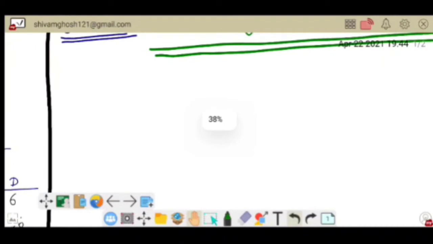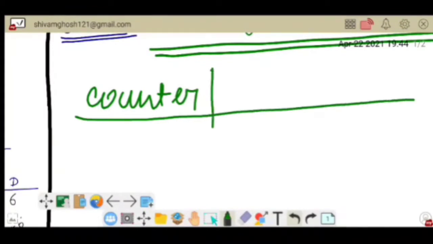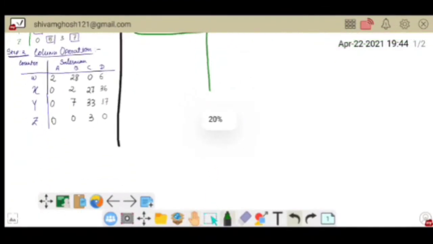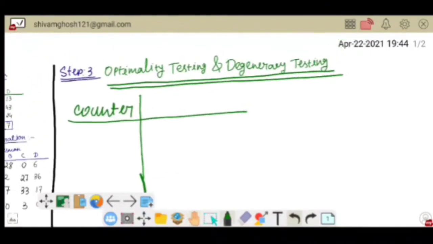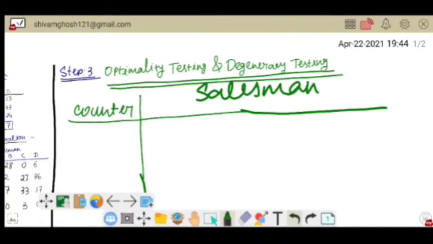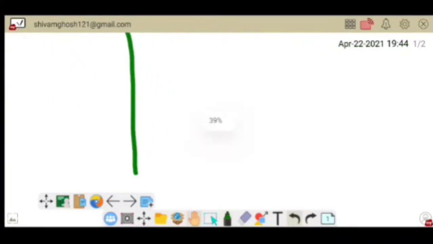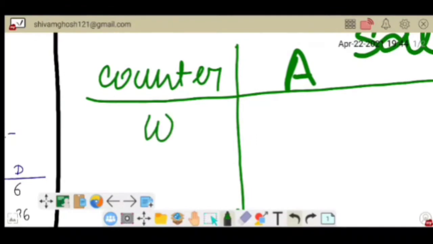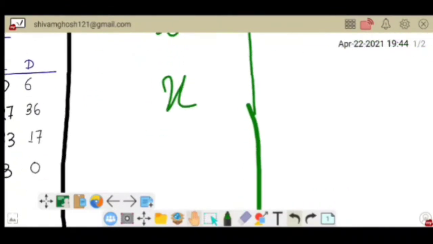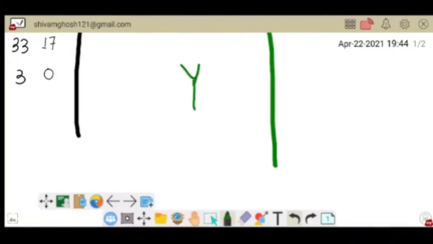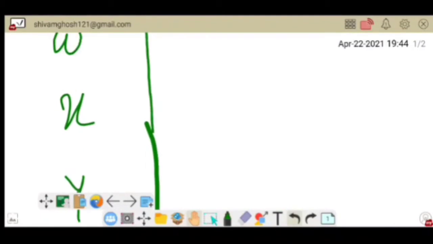So that is counter, and that is salesman. A, B, C and D, and W, X, Y, and the last one is Z. So you just copy that.